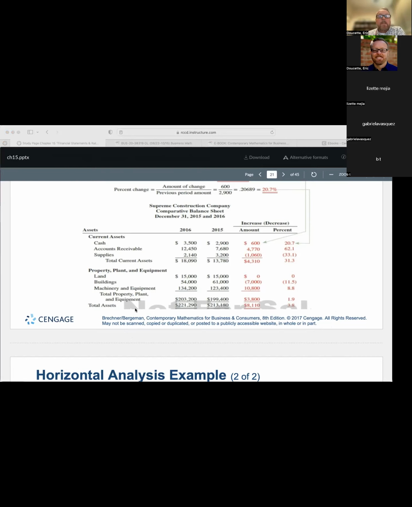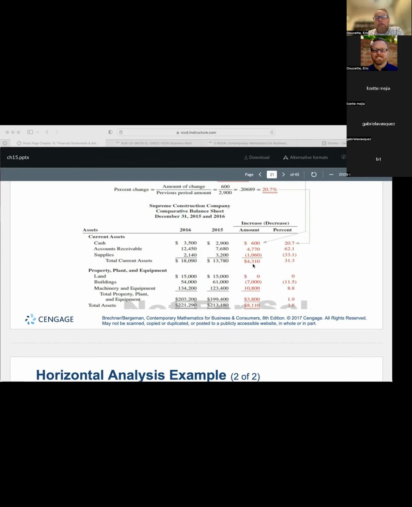So it's 600 divided by, oh, I'm sorry, it's going to be by 2,900. It's going to be this year right here. 2,900 was the original amount for the year. Sorry, one more time. I multiplied it. 600 divided by 2,900, because that was 2015. That comes out to 20.68%. So 20.7%.